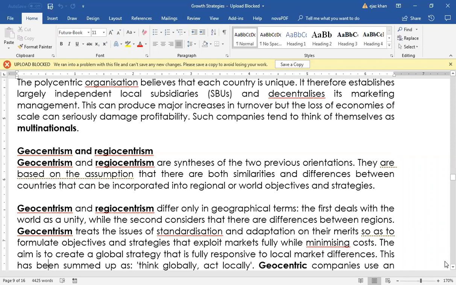For example, you may come up with a product which has a few features which are global, and then you make a few changes to the product to fit into the local requirements.